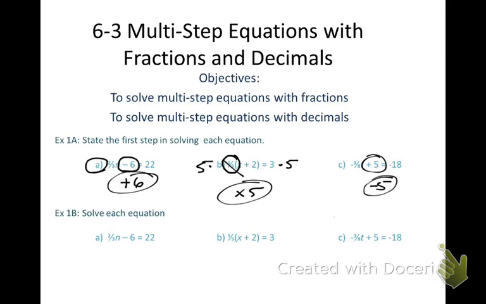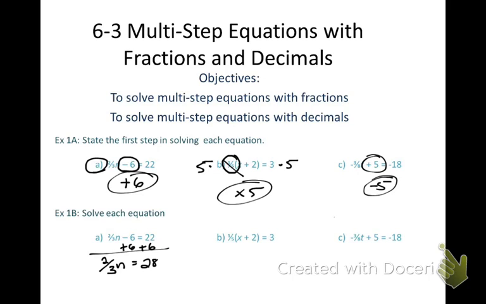Okay, now that we have our first steps, we can do the rest of the steps together. So now I'm going to look at example 1B and solve them. If I look at A, I said on step 1 we're going to add 6 to both sides. So I now have 2/3 n equals 28.